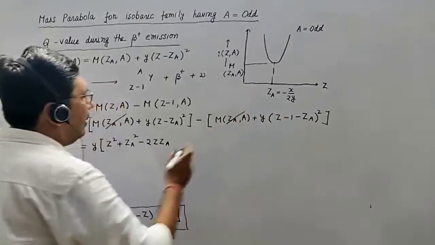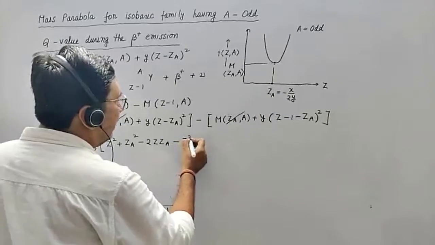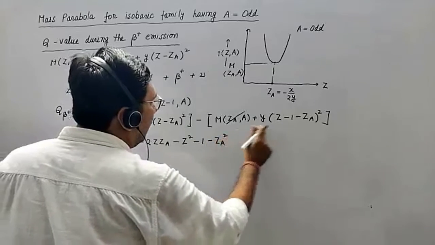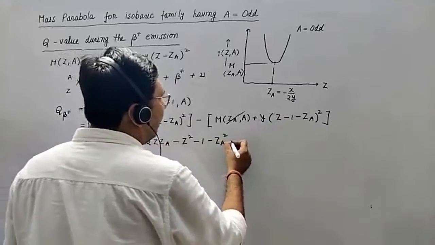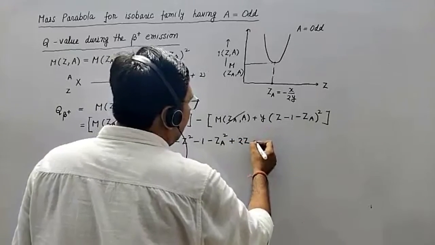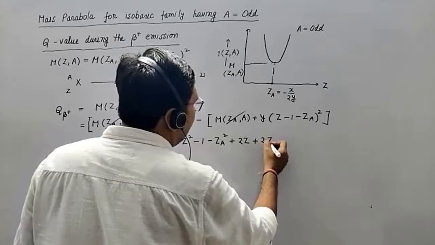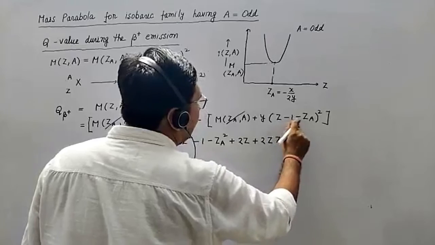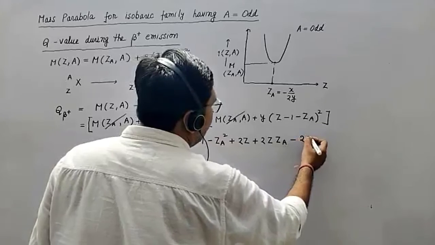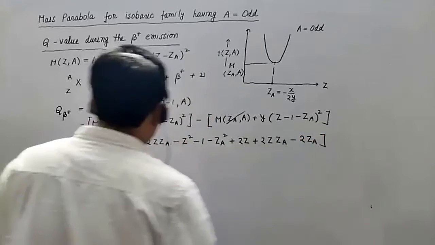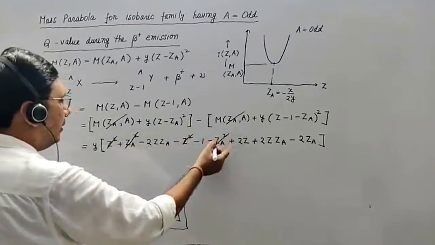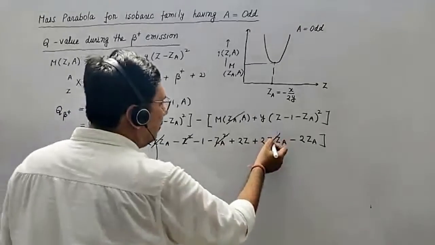Now open this square, so this will be minus (Z minus 1 minus ZA) square, and this will be minus, minus, plus 2 times Z. This will again become plus 2 times Z ZA, and this will be minus, minus, plus 1 into ZA into 2, so this will become minus 2 times ZA. So here Z square will be cancelled out, ZA square will be cancelled out, and this term will be cancelled out.